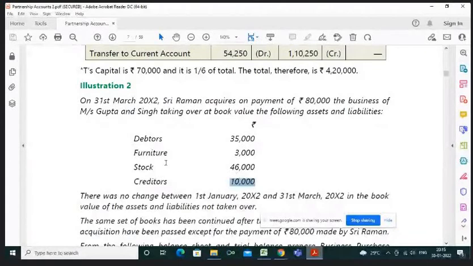So 3 assets, debtors, furniture, stock taken over, and 1 liability, creditors also taken over. Based on this we have to find out the value of goodwill, because purchase consideration is 80,000, we need to find out whether we have paid any goodwill or is there a capital reserve.